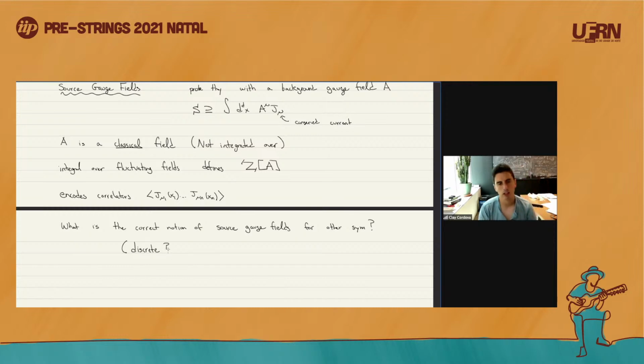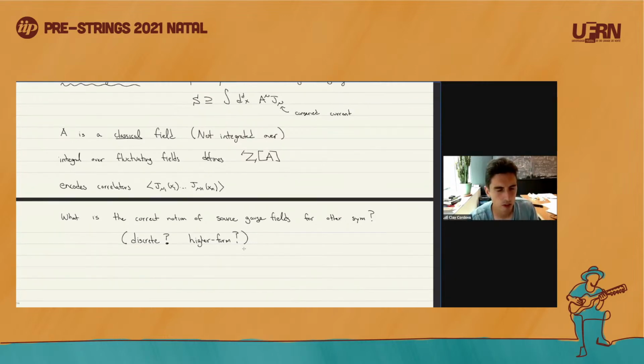What is the right notion of a background source gauge field? And the second generalization is, of course, the higher form global symmetry. What is the right notion of gauge field for a higher form global symmetry? And that last question can come in a continuous variety and in a discrete variety.